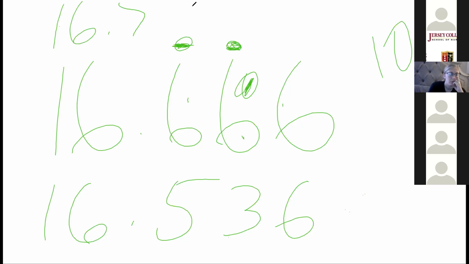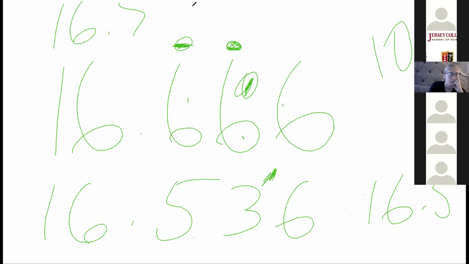Now, if we look at the bottom number, if I was rounding to the nearest 10th, my answer would be 16.5 because the number in the 100th place is less than a 5. If it's a 4 or less, the number doesn't change. If it's a 5 or higher, then it changes that number. If I'm rounding to a whole number, I go by the number in the 10th spot.